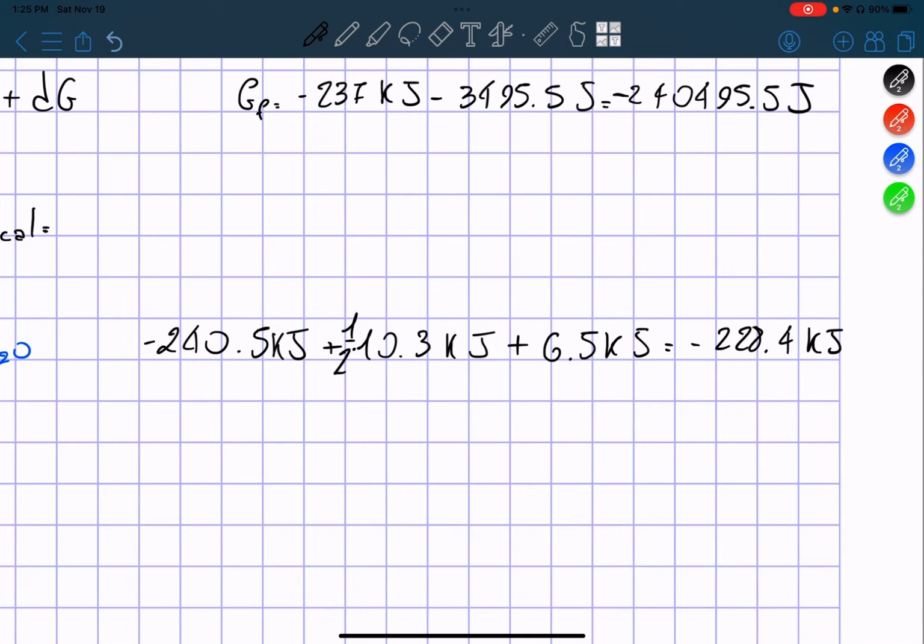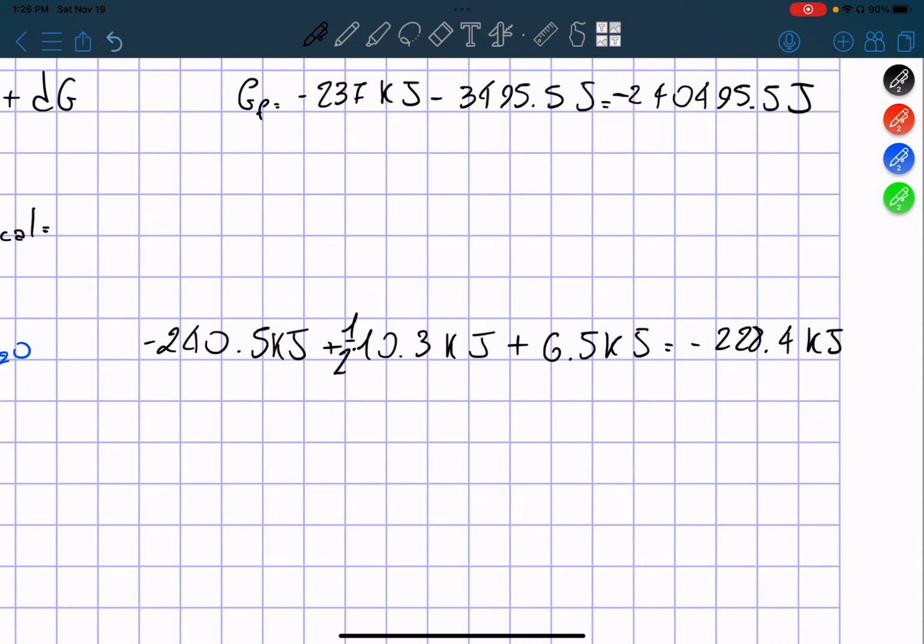Okay, so this is our final work, and we can say that our maximum electrical work is 228.4. However, we also have to count the fact that it's not going to be all electrical work, so we're not too worried about that.